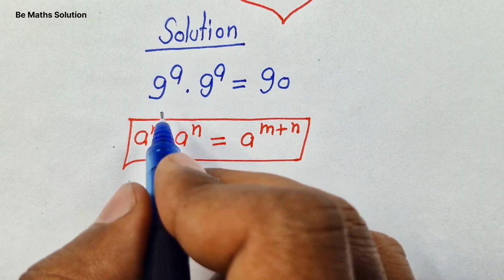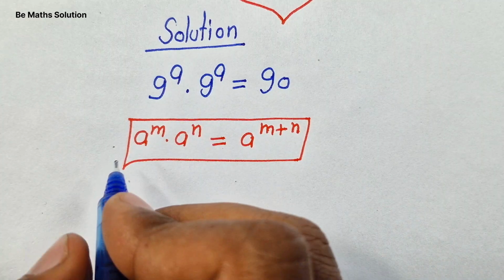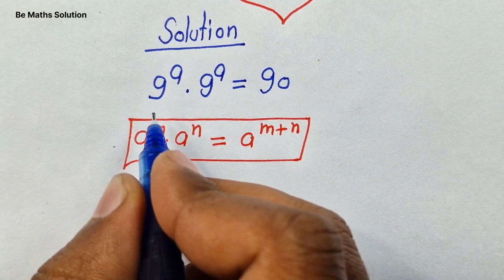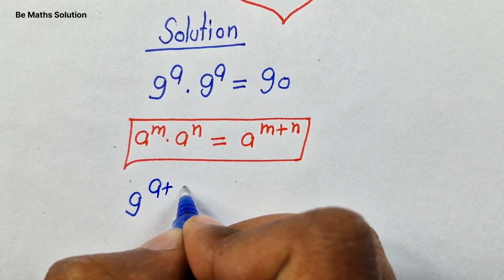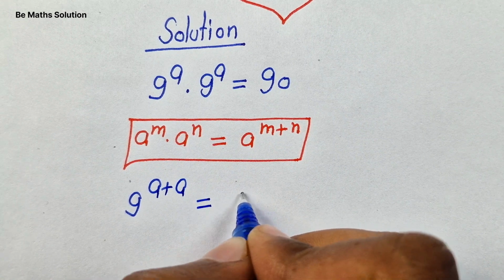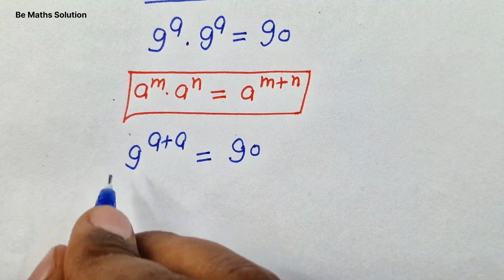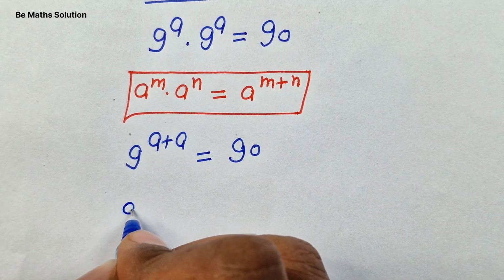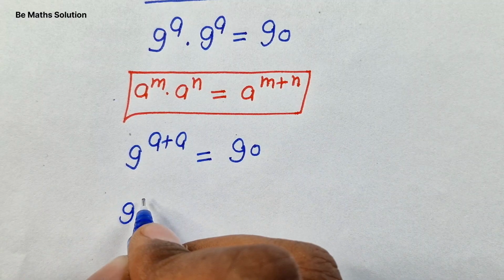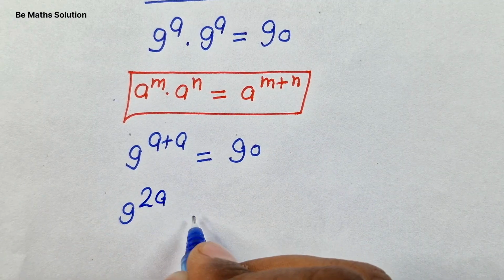Here this rule is applied, so it can be written as 9 to the power of a plus a is equal to 90. Then it will be 9 to the power of 2a is equal to 90.